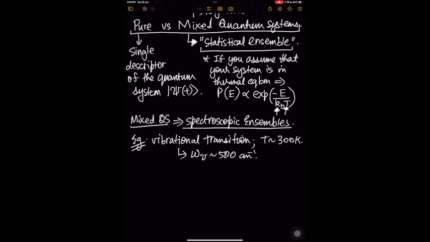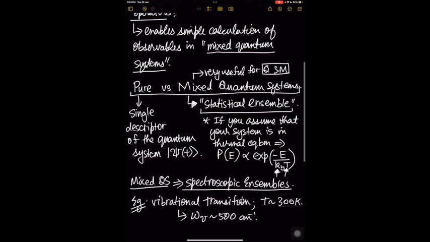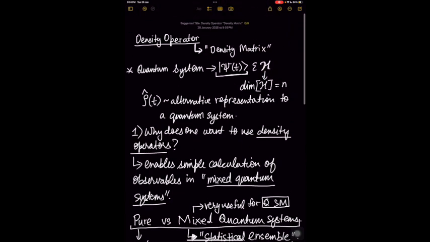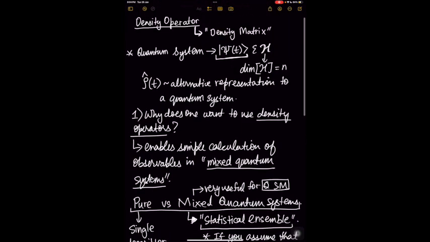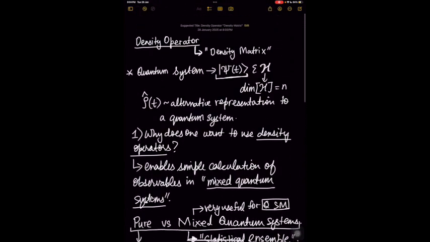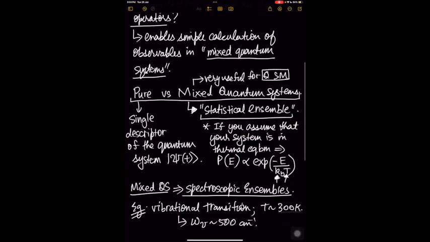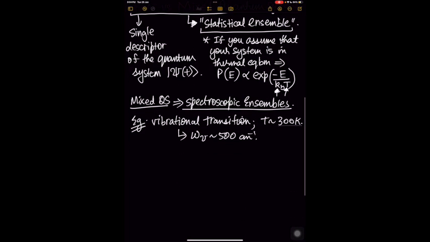Mixed quantum states are extremely useful in spectroscopy, and hence we will be using them to perform a lot of calculations, and hence the density operator formalism is necessary. That's the reason behind why we are using density operators instead of state kets in the Hilbert space.